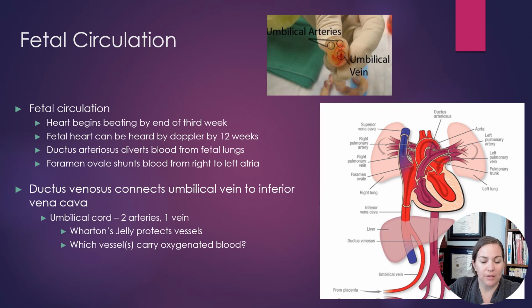The difference between the umbilical circulation and the rest of our circulation is this: as we have learned, normally arteries carry the oxygenated blood, and veins carry the deoxygenated blood, right? But it's opposite for the umbilical circulation.